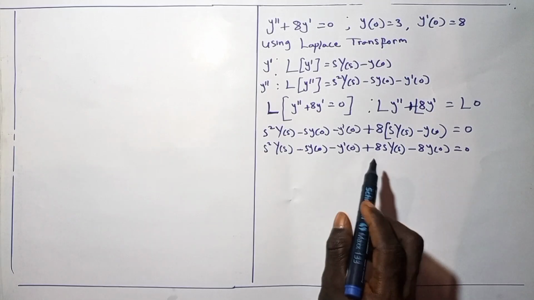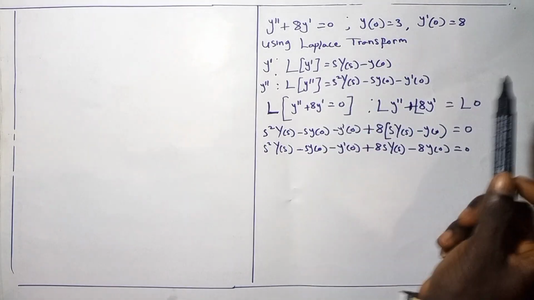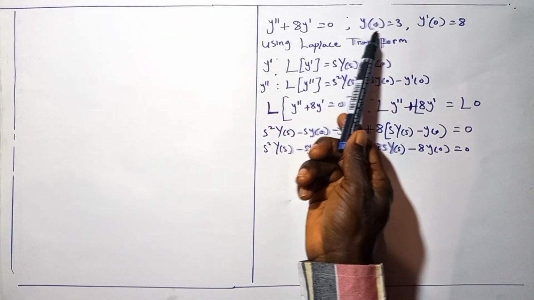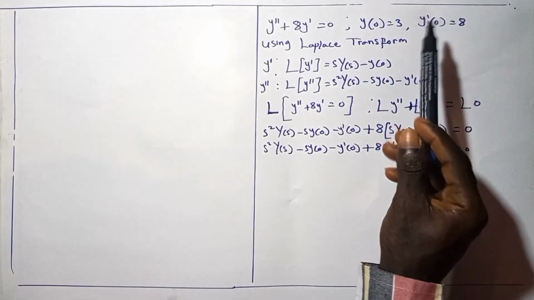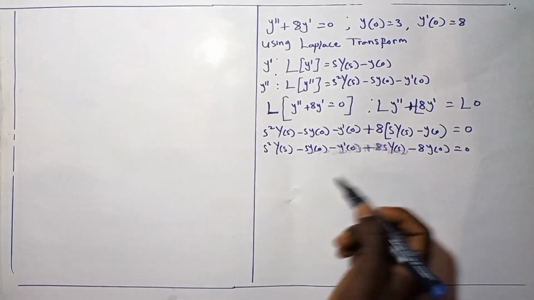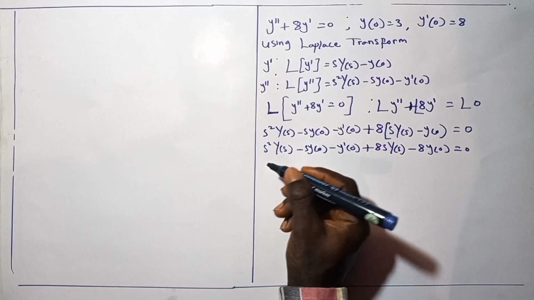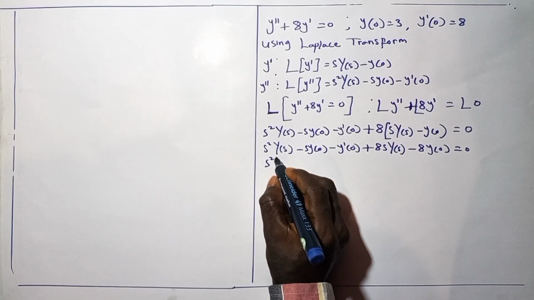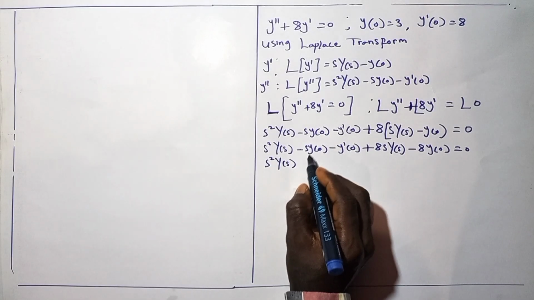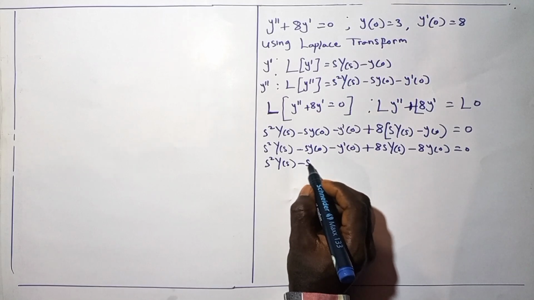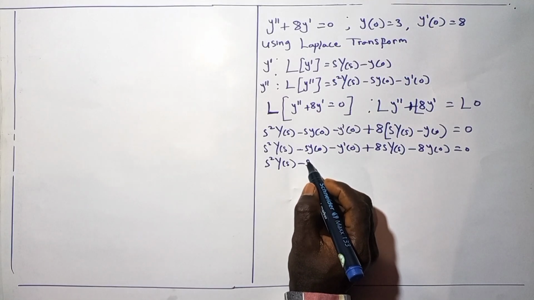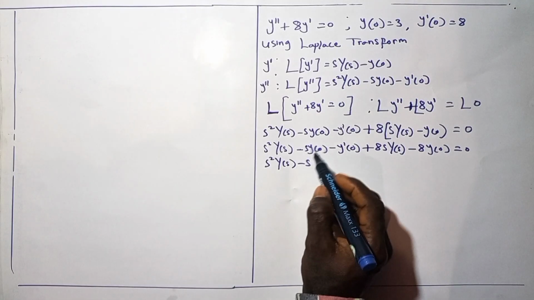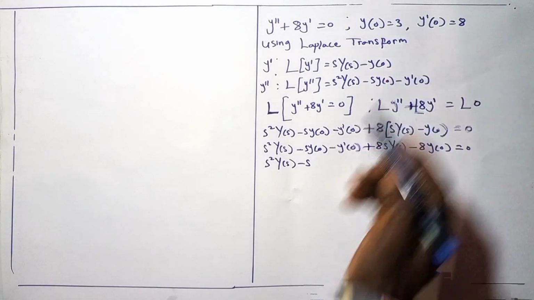So now don't forget, you are given some initial conditions. They said y of 0 is 3, then y prime of 0 is 8. So let's insert it here so we can go ahead. So this is s, don't mix it up with 5. This is s, the s domain. So now we are given y of 0 is 3.